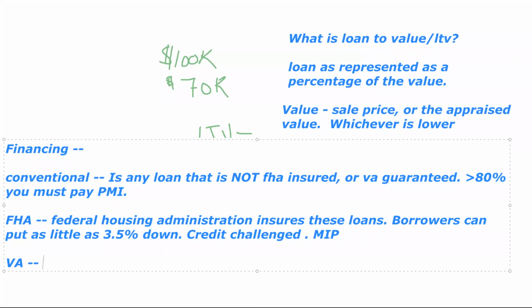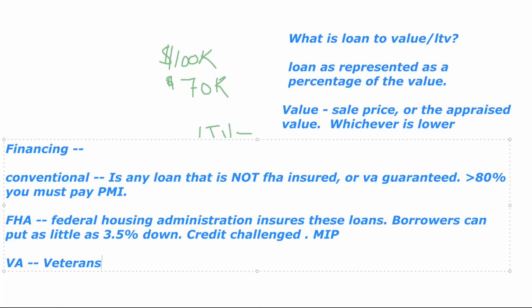A VA loan. VA loan is for veterans. Now there are certain qualifications you have to meet. You have to be honorably discharged. You have to have had a certain amount of active service duty or reserves service.